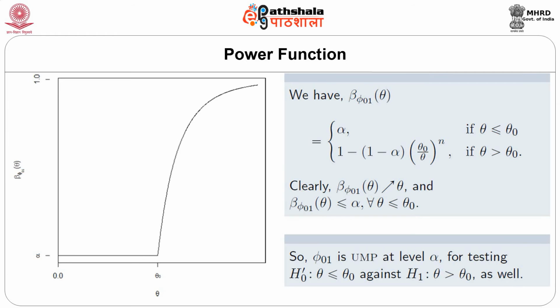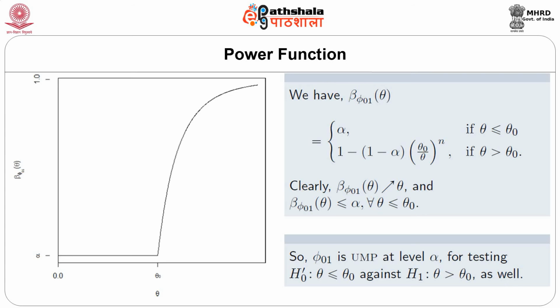So phi naught 1 is uniformly most powerful at level alpha for testing H naught prime, that theta is less than or equal to theta naught, against H1, that theta is greater than theta naught.